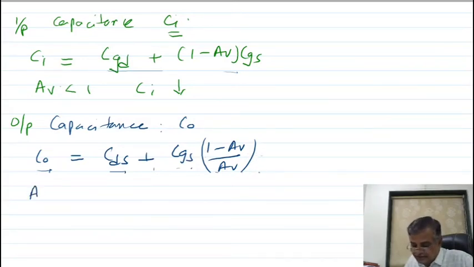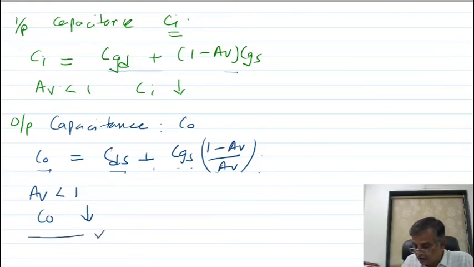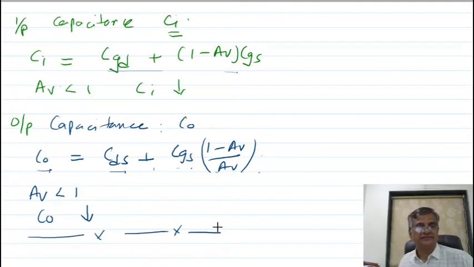If Av is less than 1, or nearly 1, the output capacitance is also reduced due to the feedback voltage. Here is the end of the analysis of the source follower, also called the common drain amplifier.